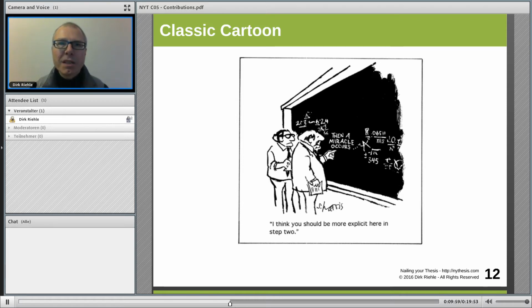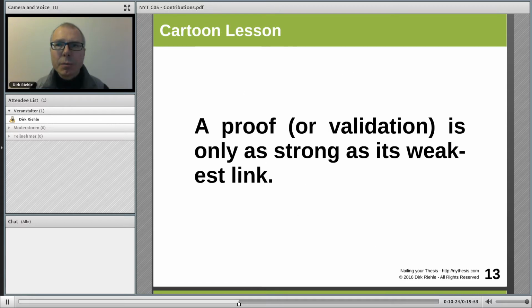So there is something missing, the missing link in this proof probably being suggested. And of course, any proof, any research is only as strong as its weakest link. It's all interacting, and the overall strength really is determined by the weakest link in the argument you're making.